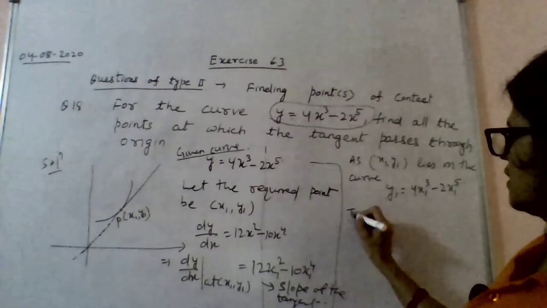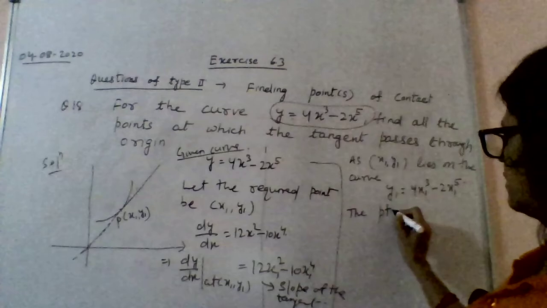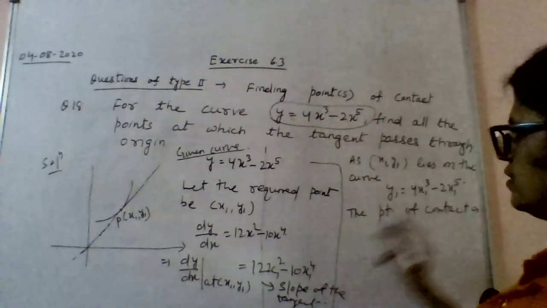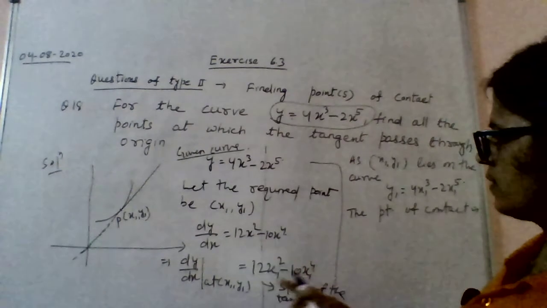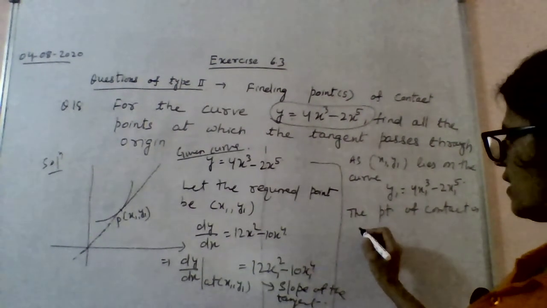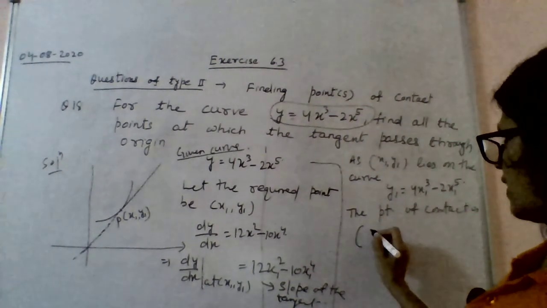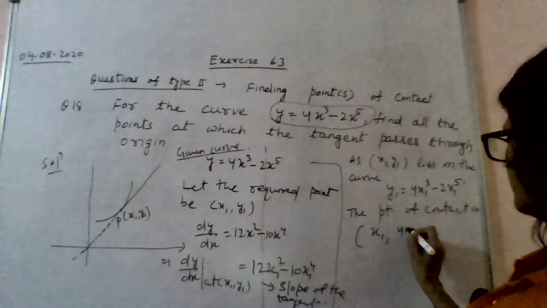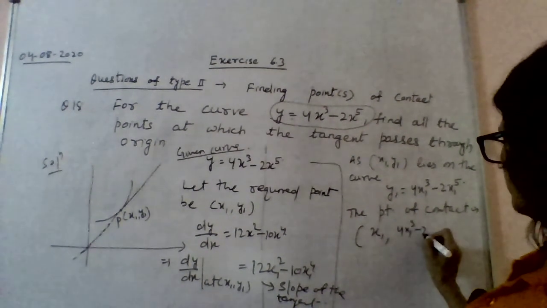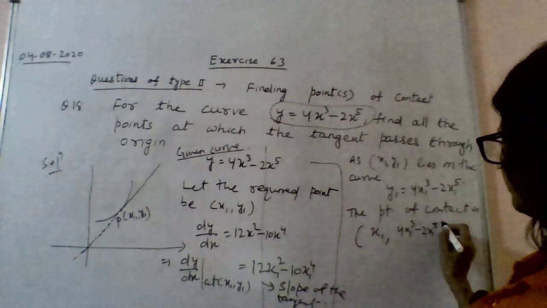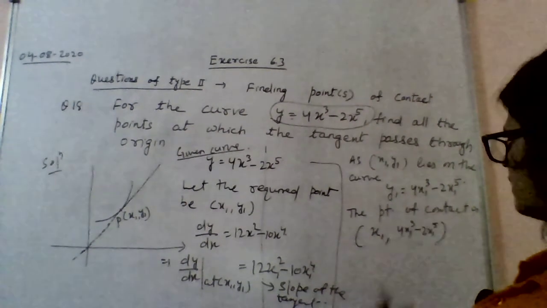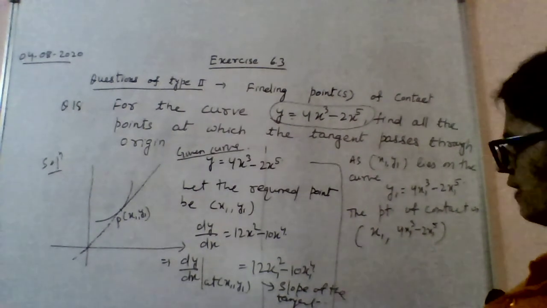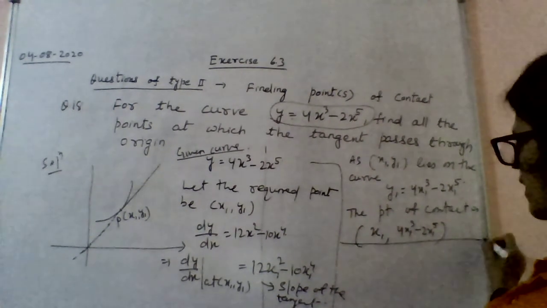So the point of contact is x1, y1, which we can write as x1, 4x1 cube minus 2x1 power 5. If you write x1, y1, you can replace the value also, it is fine. This is the point of contact.